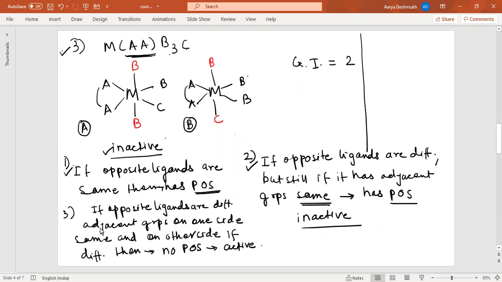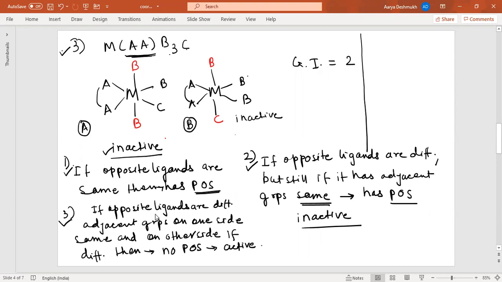Okay, so you have three situations in front of you. If the opposite ligands are the same, it has a plane of symmetry, so it is optically inactive. For the second condition, if opposite ligands are different, B and C, but it still has the same groups on the adjacent side, again it will have a plane of symmetry and again it will be optically inactive.